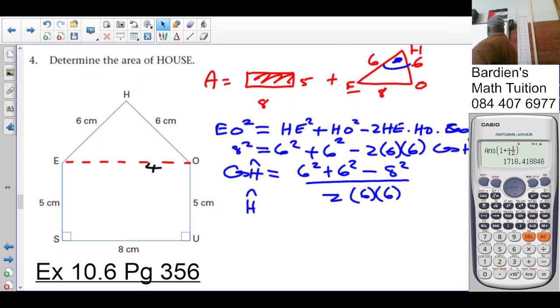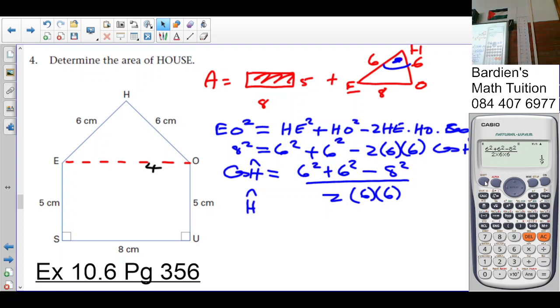So we go 6 squared plus 6 squared minus 8 squared over 2 times 6 times 6. That gives 1 over 9. Is this angle obtuse or acute? It's an acute angle. How do we know it's not obtuse?